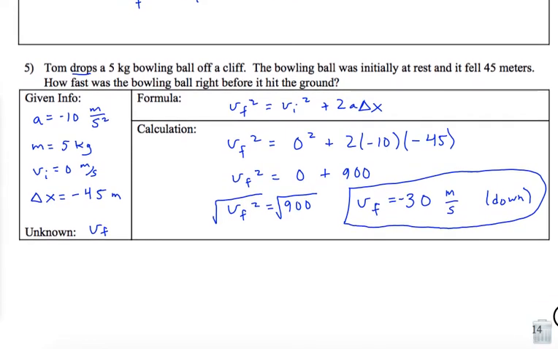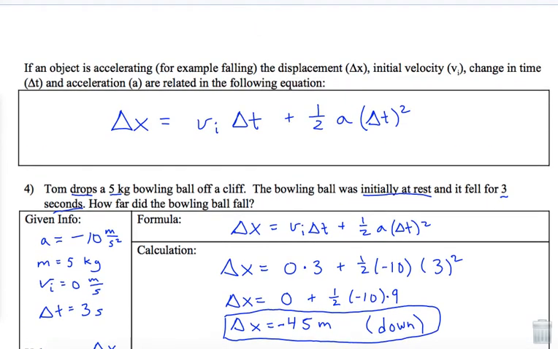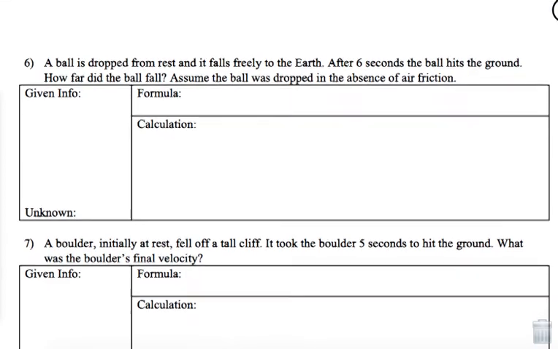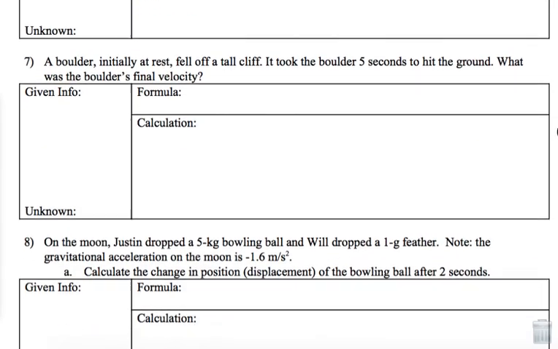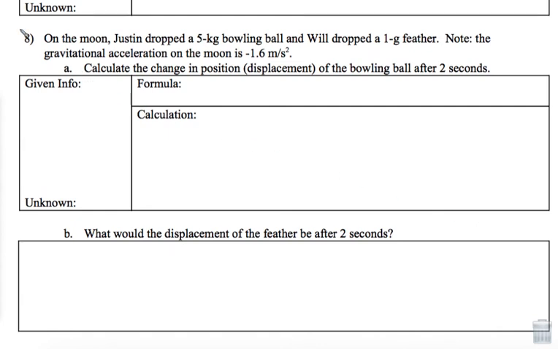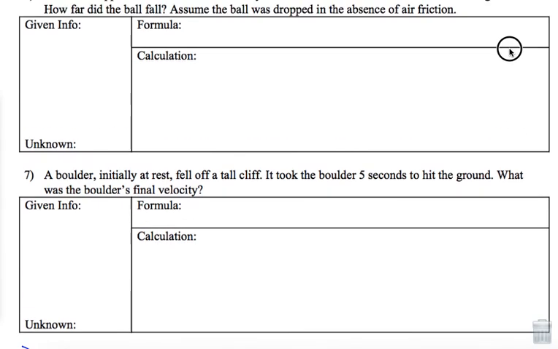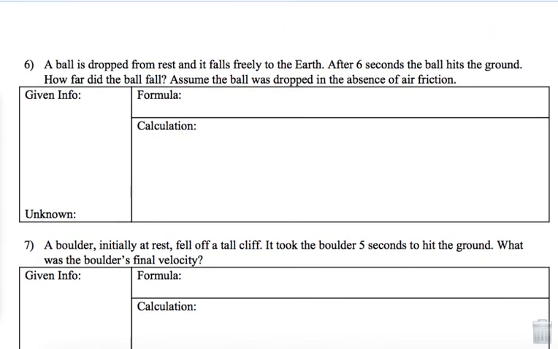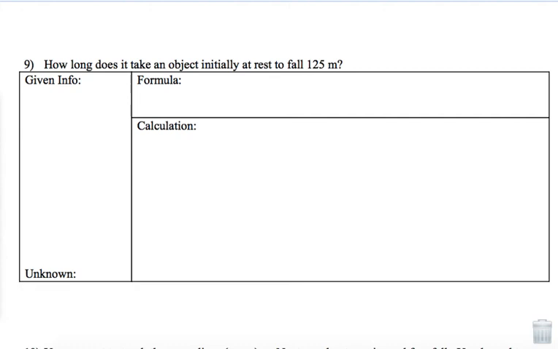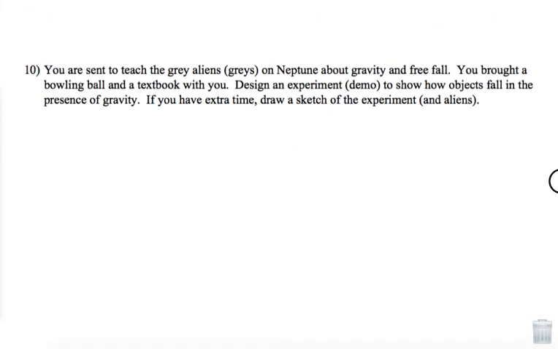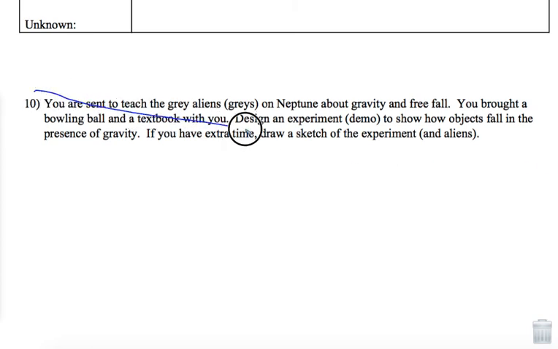Okay, you can turn the page to page 15. You are going to do problems 6 and 7, but number 8, you can cross out. We're not going to do that problem. So we're crossing out 8. You will do 6 and 7 though. And then if you turn the page to page 16, I think, you're going to do number 9, but on page 16, you're going to cross out number 10.